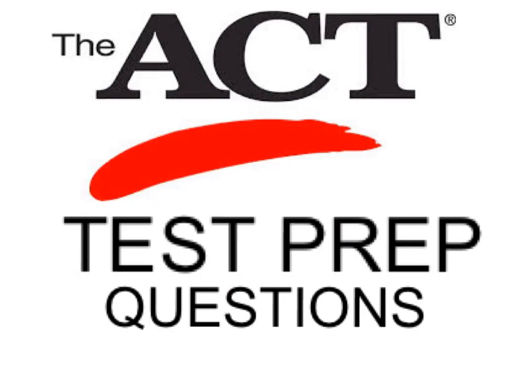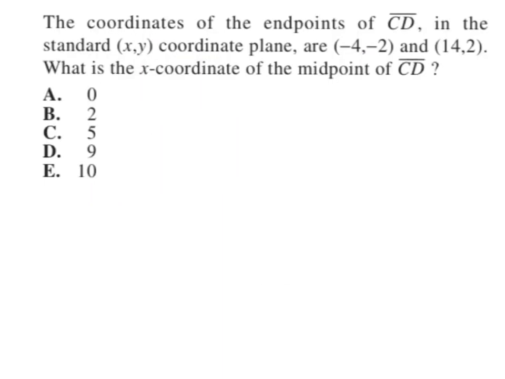ACT test prep questions. The first one, the coordinates of the endpoints of segment CD in the standard xy coordinate plane are negative 4, negative 2, and 14, 2. What is the x coordinate of the midpoint of CD? The key to this problem is if you remember the formula for a midpoint.